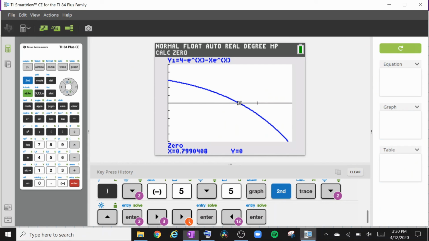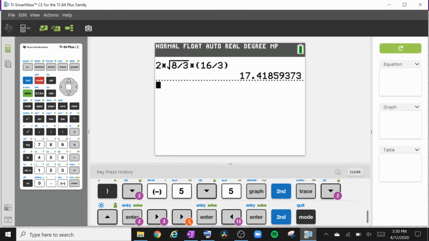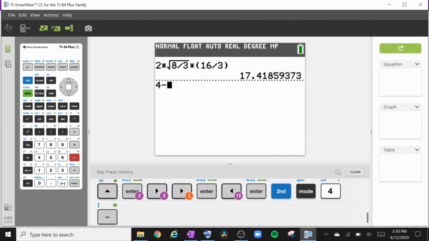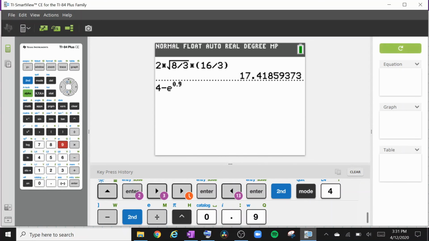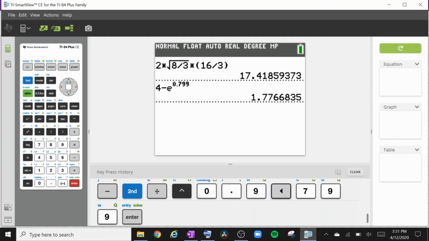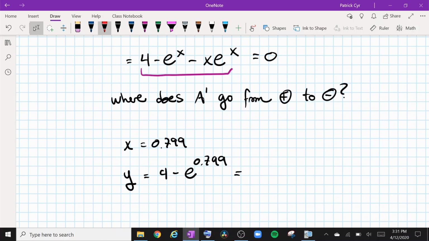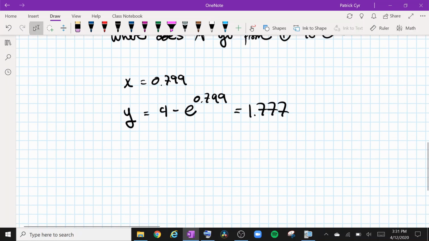Okay, let's plug that in just real quick. 4 minus e to the 0.799. So we get 1.77, let's round it up to 1.777. Okay, we're almost done. The final answer is going to be the product of the x value and the y value.